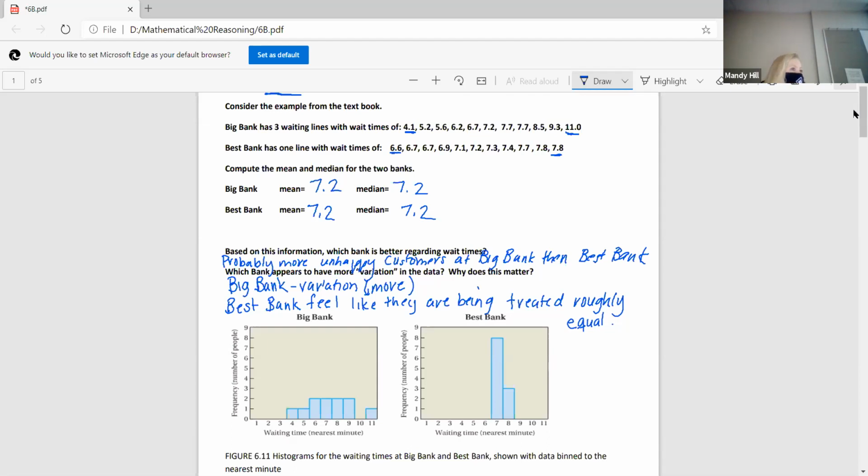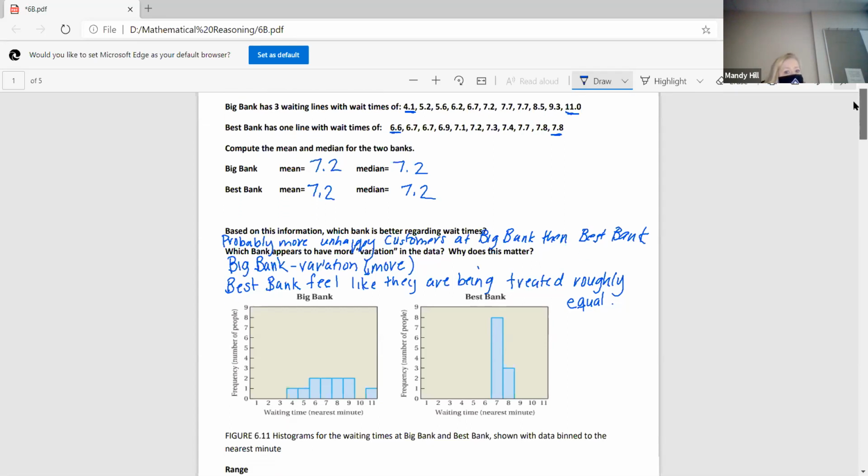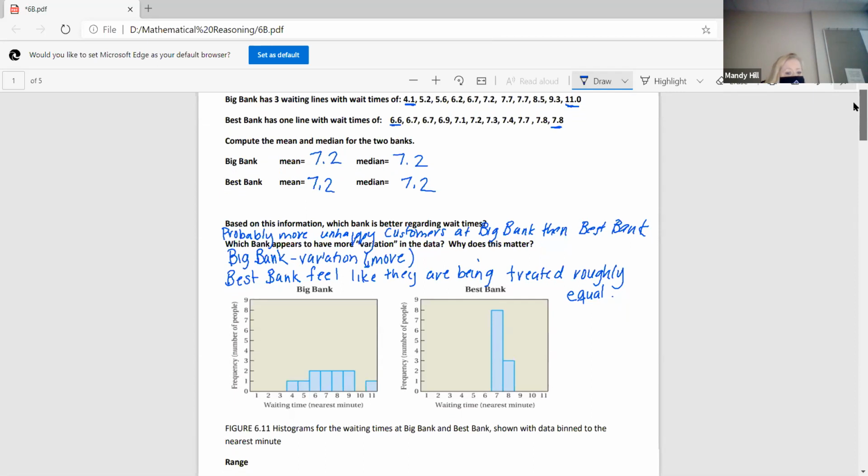They were all the same. So we had to go look at some other means of talking about data. The thing that we looked at was variation. We did a graph of the variation and talked about the spread, how far apart the data was. And that's what made us go, oh, I can see why these people might be a little bit more upset, because they feel like they're not getting treated equally. Their variation times are not the same.